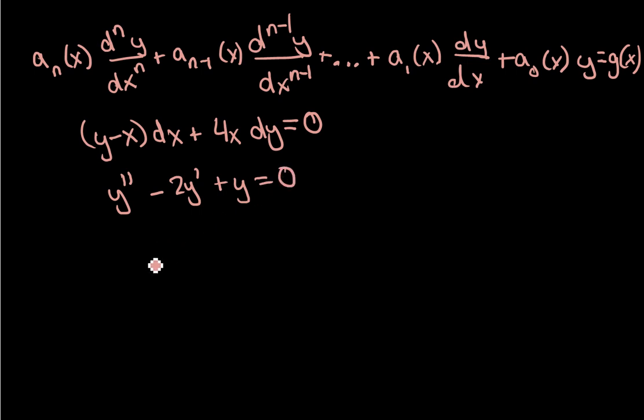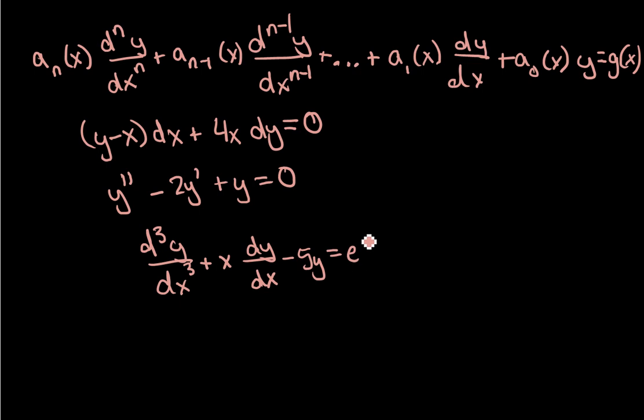As a third example, d cubed y over dx cubed plus x dy over dx minus 5y equals e to the x. We should notice that the derivatives keep decreasing in all of these examples. In the last one, the derivative skips over the second derivative, which is completely fine. It doesn't have to go in order as long as it decreases.